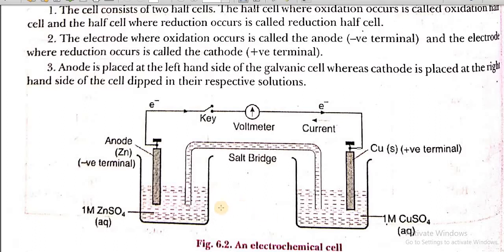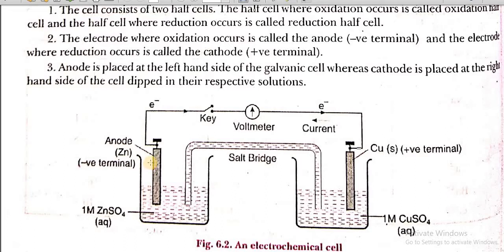After that, on the left hand side, in the zinc sulfate solution, we have got an anode dipped inside it, and on the right hand side, we have got a copper electrode dipped inside the copper sulfate. Over here the anode is zinc.